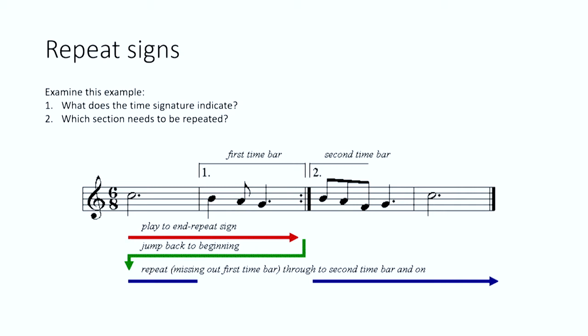But when you get to where it says number 1, you leave out everything under number 1 and go directly to number 2. So if you look at the blue line at the very bottom, you'll see that there's a gap there. You leave it out and go straight to the second time bar. These braces above the music are called first time and second time braces.